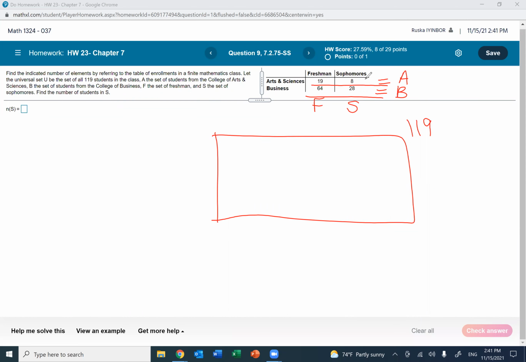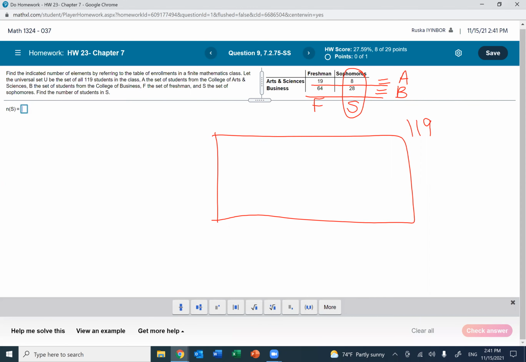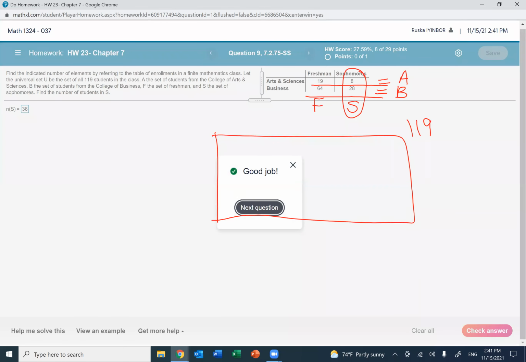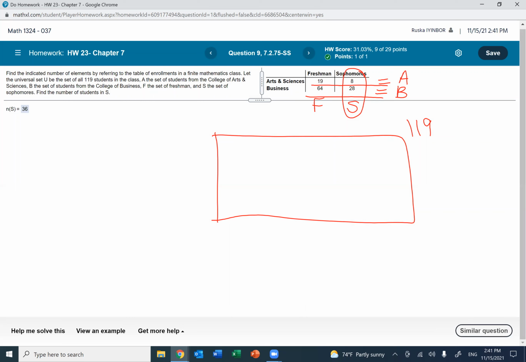That means how many sophomores? It's going to be 8 plus 28. So I don't need to draw this. So 8 plus 28 is 36. And that's right, okay? Let me clear that.